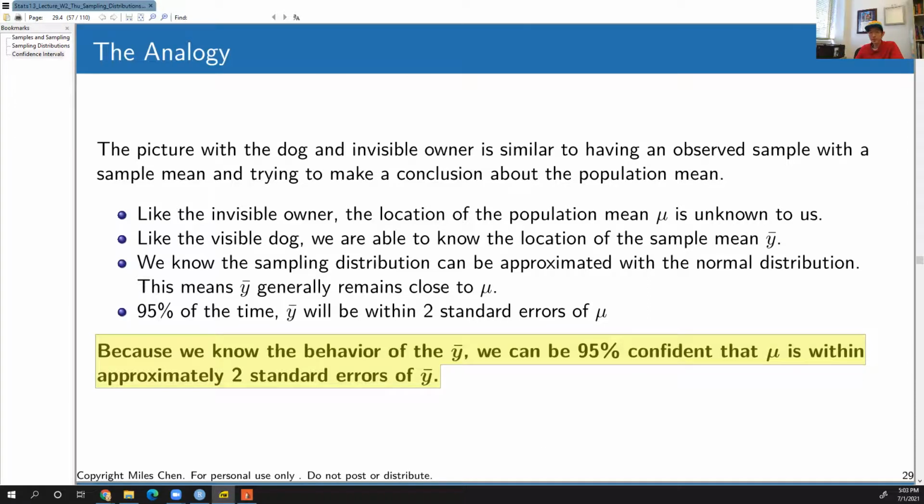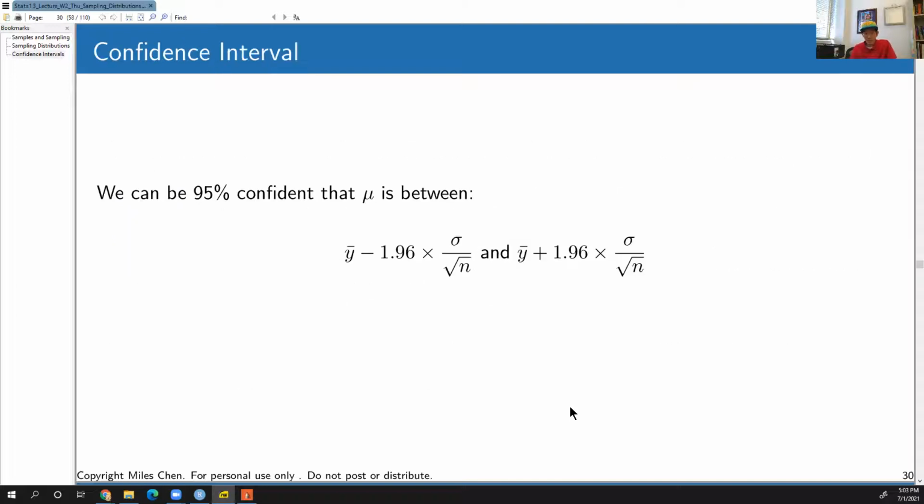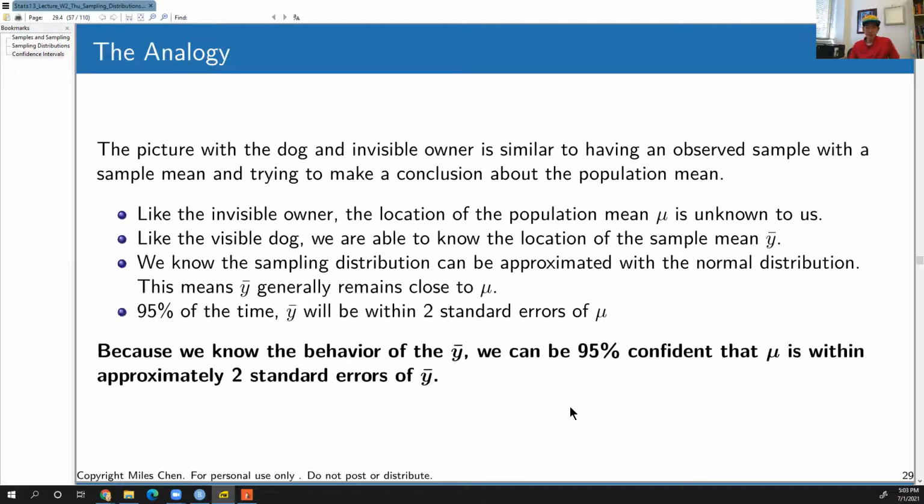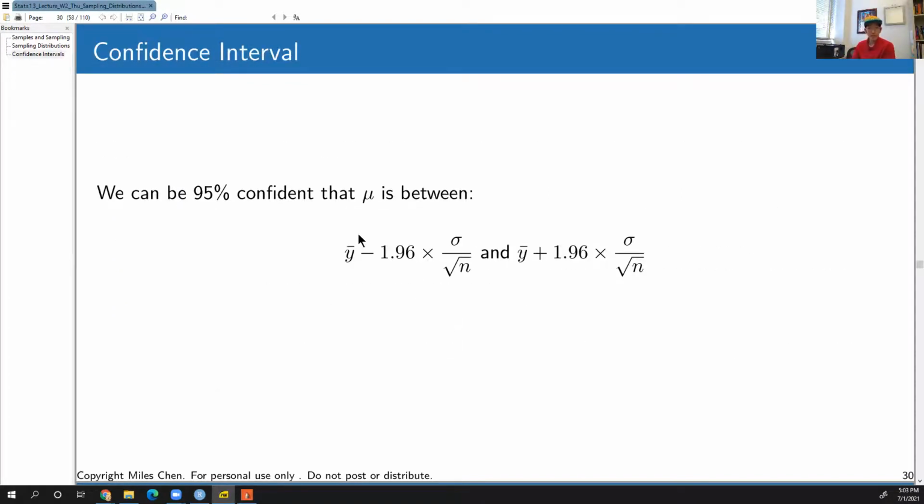Do we feel okay with a statement like that? I hope. All right, and so we're going to say I am 95% confident that the population mean mu is between, we're going to take the sample mean y bar and we're going to go down 2 standard errors, okay?